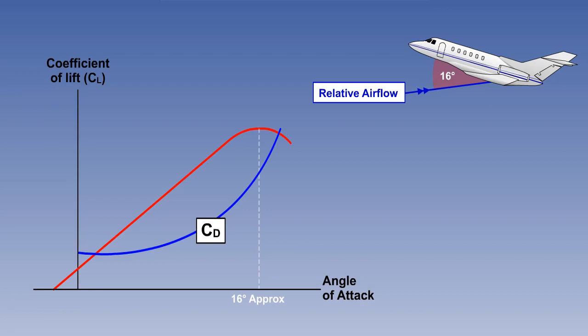At excessively high angles of attack, we can see this will lead to inefficient flight. And if the angle of attack is increased still further, it will lead to a stall, in this case around an angle of attack of 16 degrees. The angle of attack is therefore an ideal reference point for stall warning or stall prevention systems.